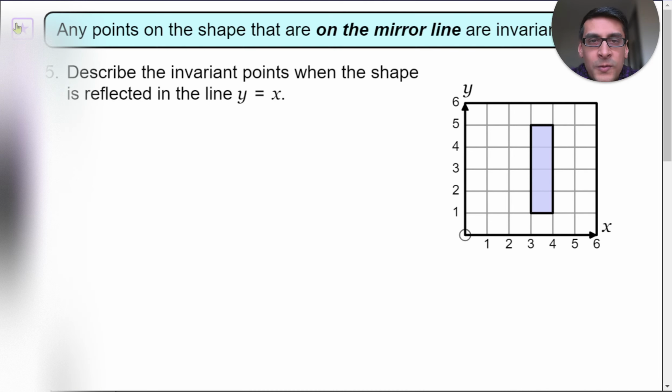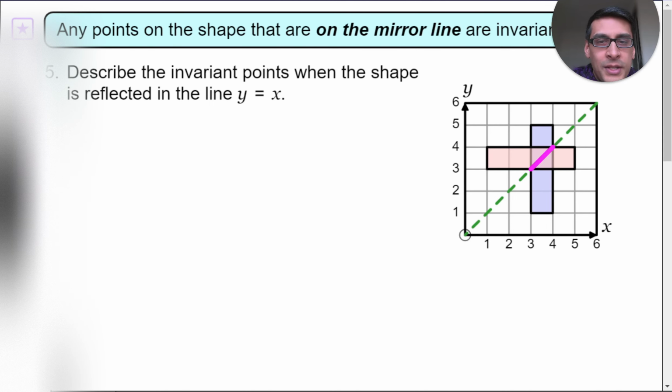Here's an example for you to try and see if you can figure out. Okay, so hopefully you tried this out and you tried to draw the reflection. Now if you have the equation y equals x as your mirror line, and you've done your reflection of your shape, what you can see is those points on that line have stayed exactly where they are.